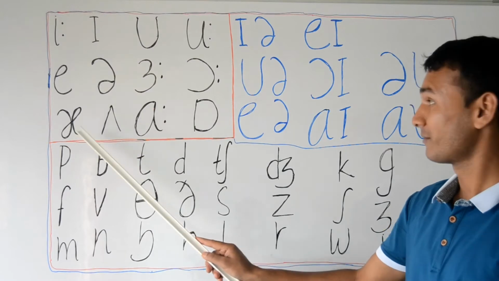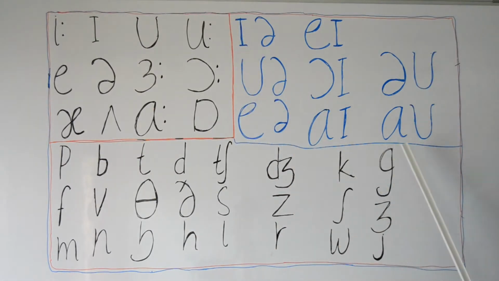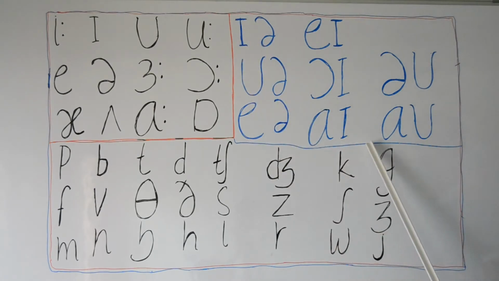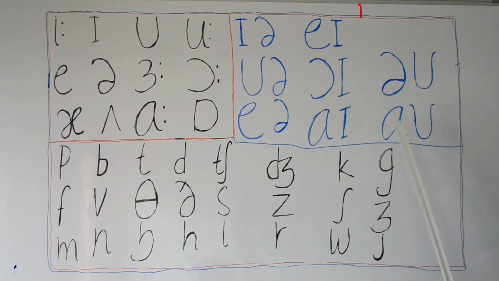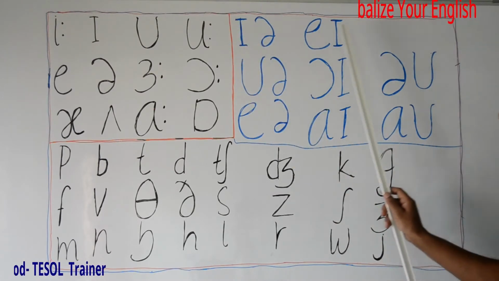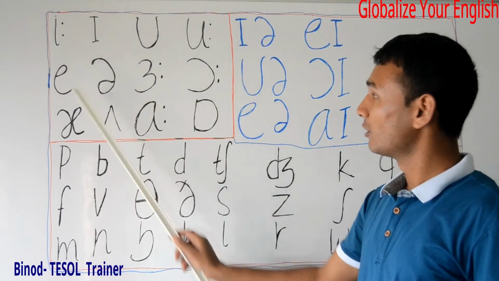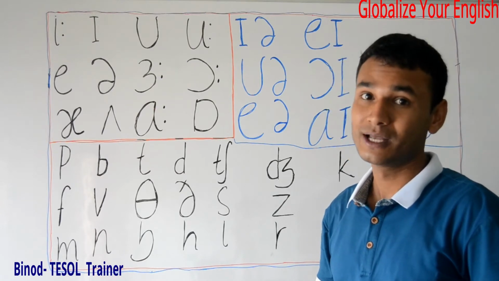They are monophthong vowels. And here we've got diphthong vowels in blue ink. If you notice, they are written in blue ink here, and they are called diphthongs. So there are 8 diphthongs, okay, and there are 12 monophthongs here. Altogether 20 vowels in English language.